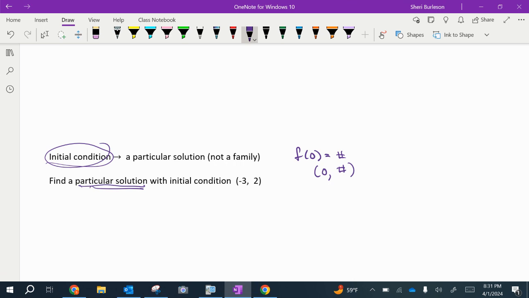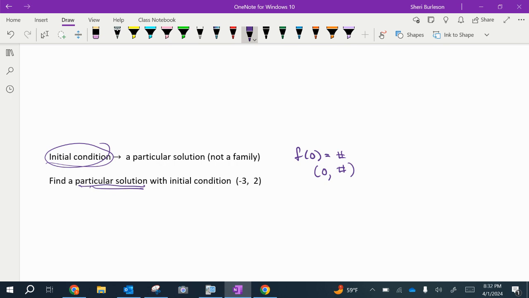Most people think initial is at 0, but it doesn't necessarily need to be. I might know that the initial condition was x equals -3, like I have here. In the real world, I like to go back to my roller coaster example. -3 might be 3 seconds before you get to the camera that's going to take your picture.